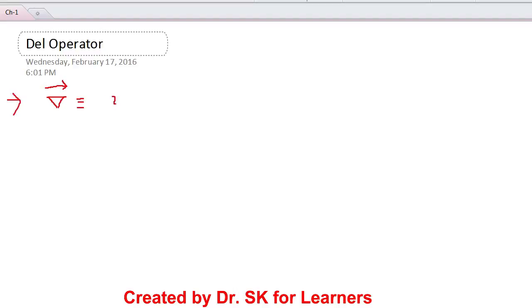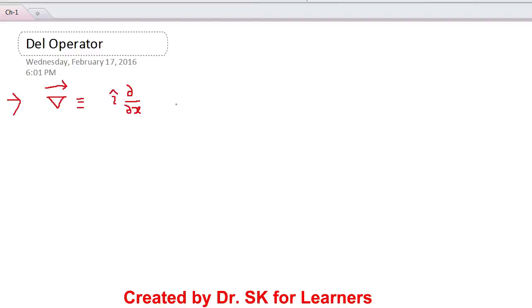It's written as i cap del by del x. This is small del, that one is big del, like small alphabet and big capital alphabet in English. So i cap del by del x, that means you will be partially differentiating the x component, or the component towards the x-axis, of the vector or scalar quantity.